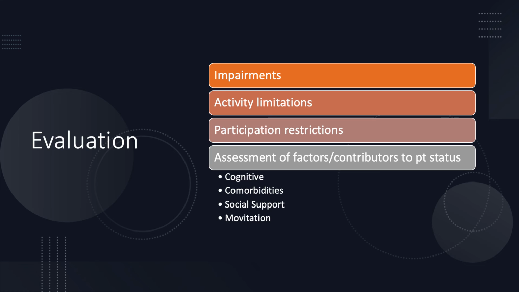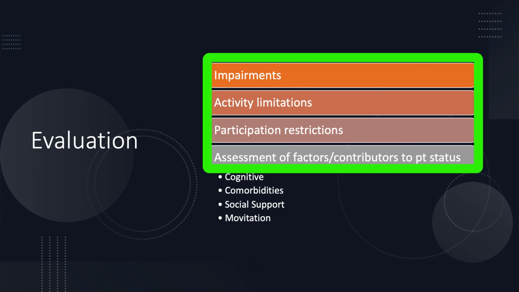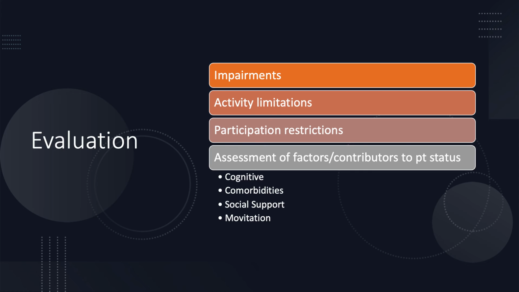One other thing I want to mention about evaluation is that we teach them to use the ICF framework to guide their thought process as they evaluate. So they take that data that they gathered in the examination, and then they use that to identify impairments from their specific examination findings, and then interpret that to include how those impairments are affecting activities and participation in life roles, and then assessing how different factors present in the patient's case might contribute to changes in their status.